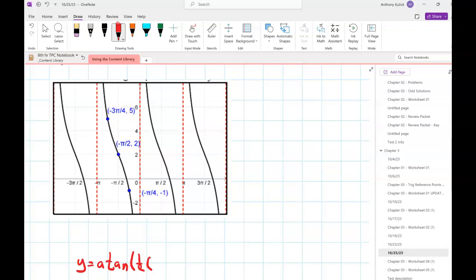We need to go from the graph and figure out the values for A, C, H, and K, right? When we did this for sine and cosine, what's the first thing we looked for? Usually we start by looking for the midline, right?